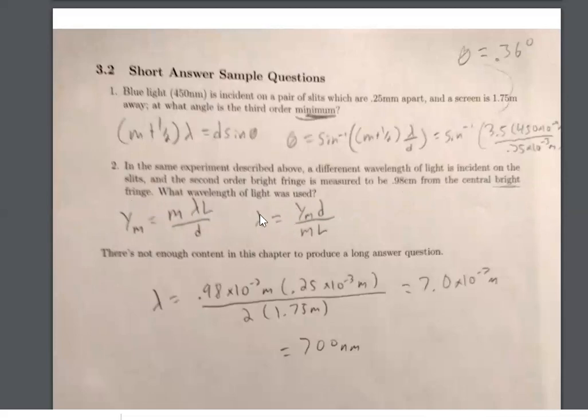So we solve for our wavelength, which gives us this expression, and then plug in everything we know. We want the second order, so m is equal to 2, and y_m was given in the problem as 0.98 centimeters, and everything else we know from the previous problem. That gives us a wavelength of 7 times 10 to the minus 7 meters, or equivalently 700 nanometers.